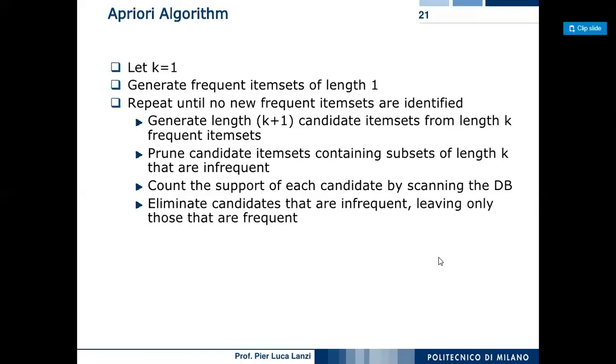It means first create single item sets and eliminate all the item sets which do not meet the minimum support count, and then by combining these, get the k plus 1 candidate item sets, and eliminate those which do not meet the minimum support count, and then find the k plus 2 candidate item sets, and likewise until we get the item sets with support count greater than the minimum support threshold.